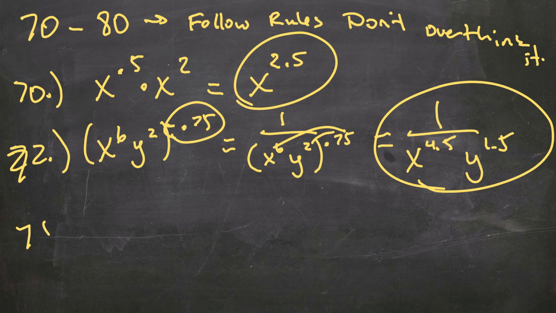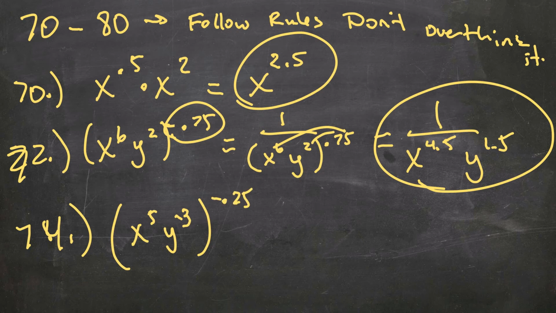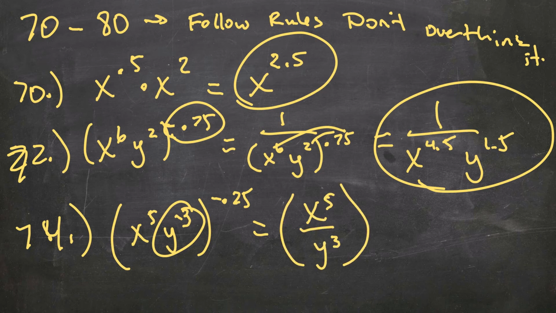74. I have x to the 5th, y to the negative 3, all to the negative 0.25. Remember, negative exponent, move it downstairs, so I have x to the 5th, y positive 3 to the negative 0.25.